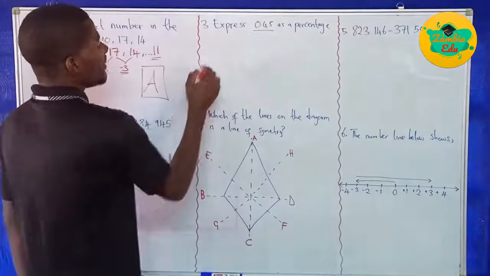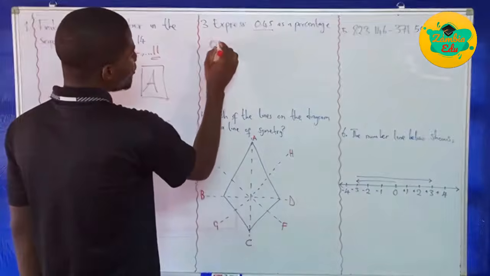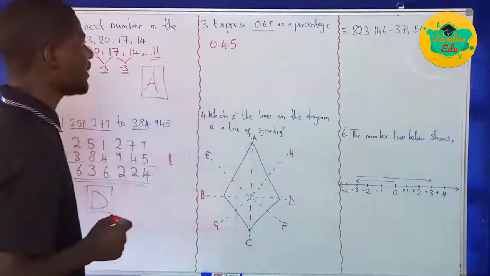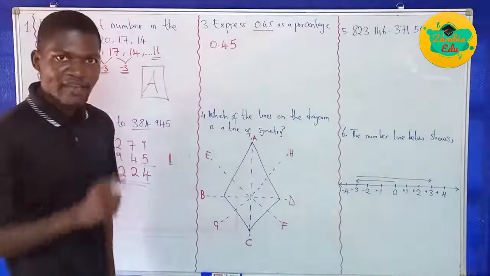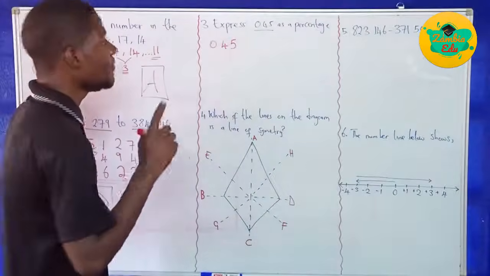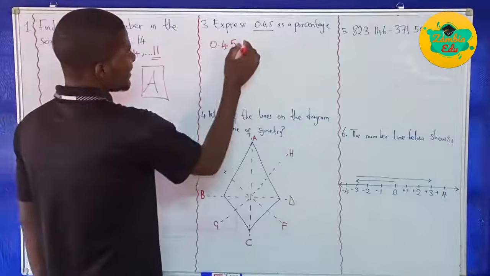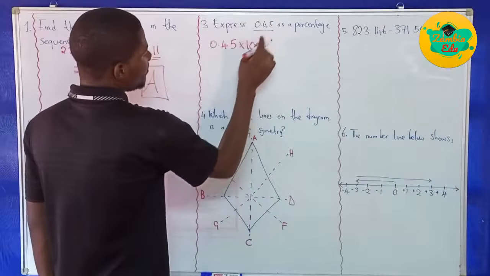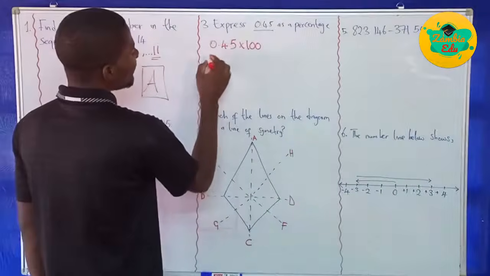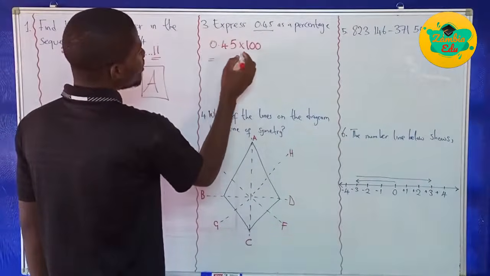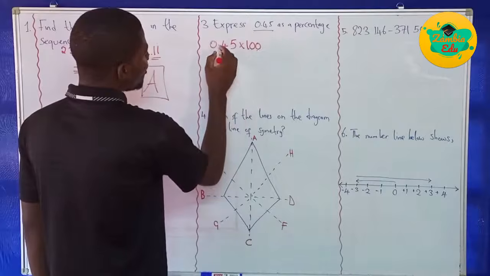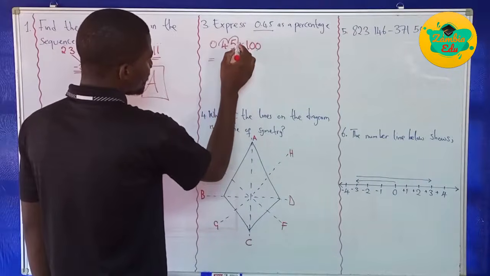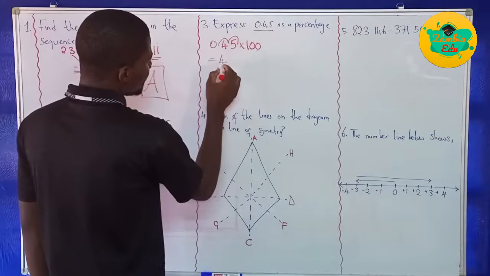The first method I will show you, for you to convert a decimal number to a percentage, is that I just multiply that decimal number by 100. When you multiply it by 100, the decimal place moves two places, so your answer becomes 45.